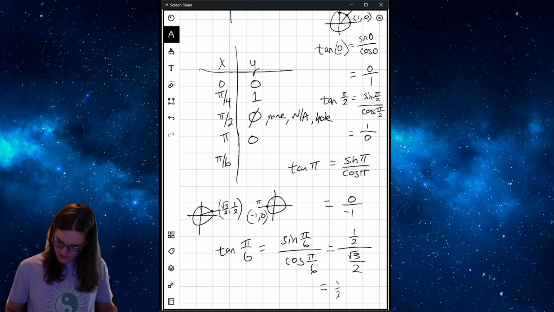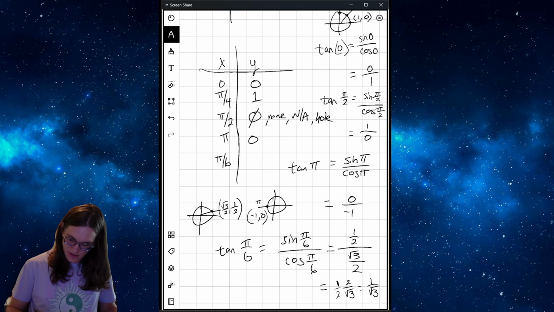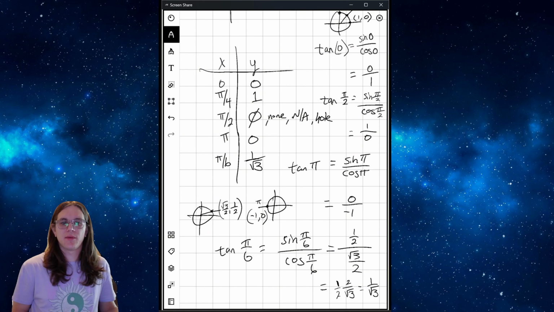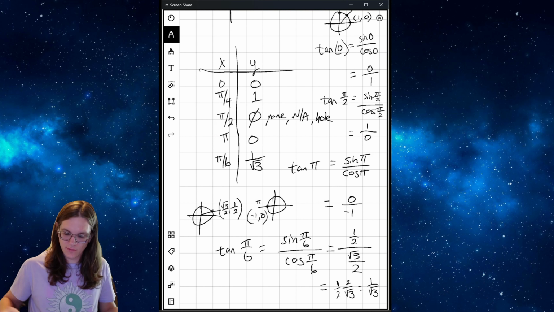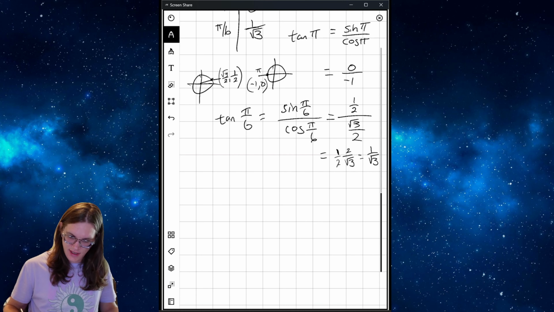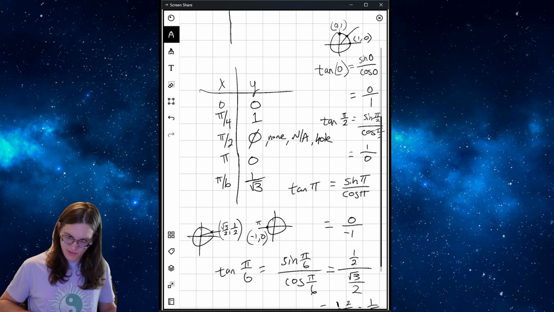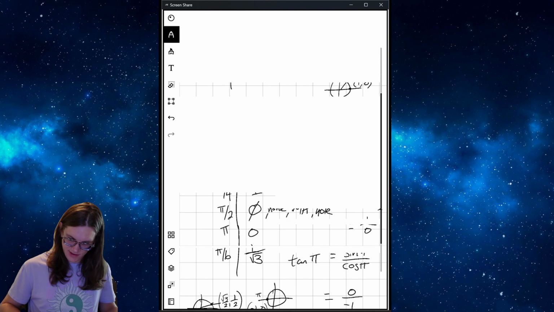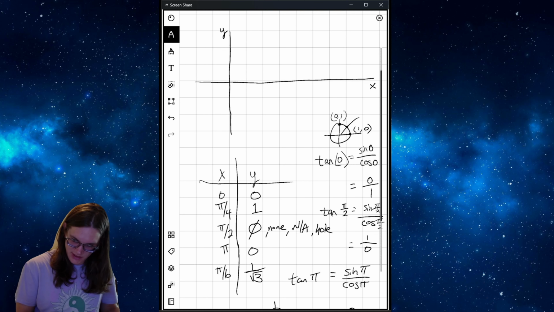Well, it's 1 over root 3. So I'll write that. And I'll probably plug this into the calculator to find this value so I can plot it a little more nicely. That should be fine. Okay, so here's our information.